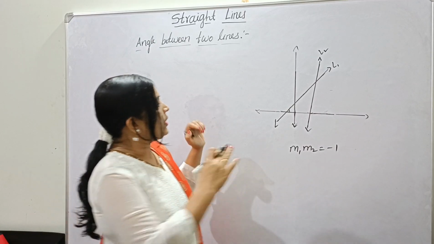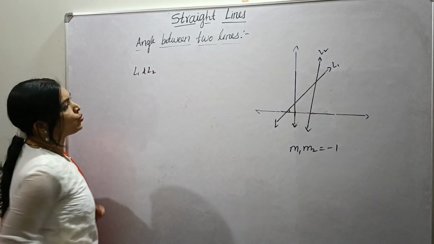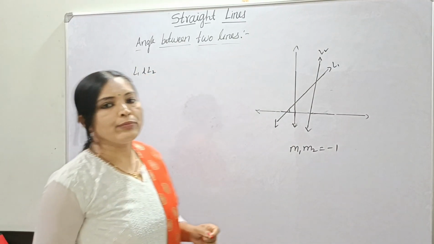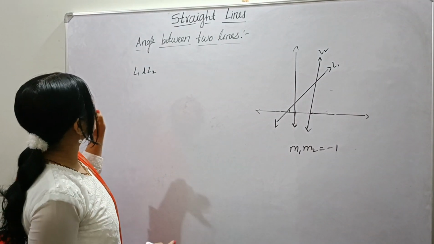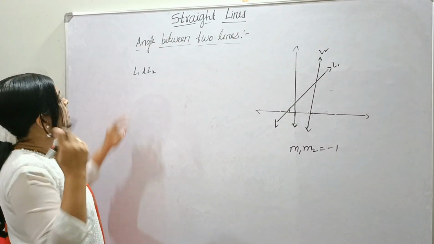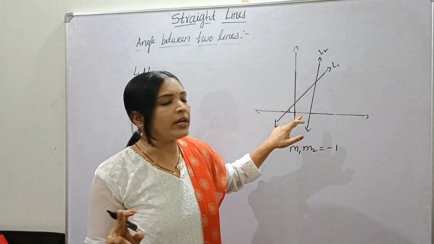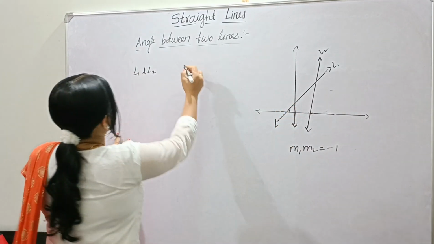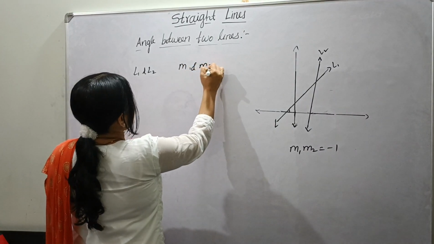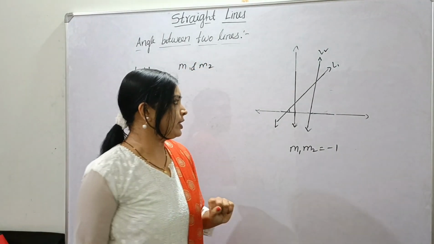Let L1 and L2 be the two non-vertical lines with slopes m1 and m2 respectively. m1 is the slope of L1, m2 is the slope of L2.